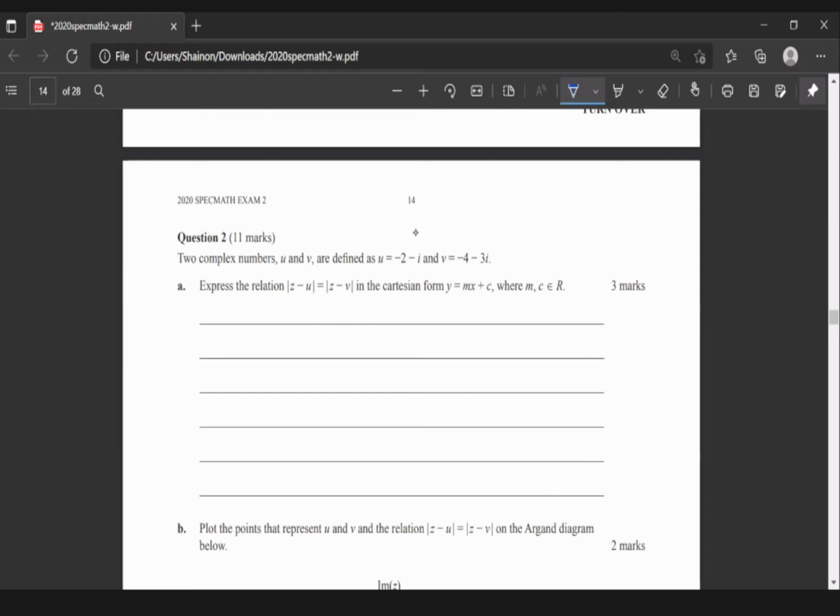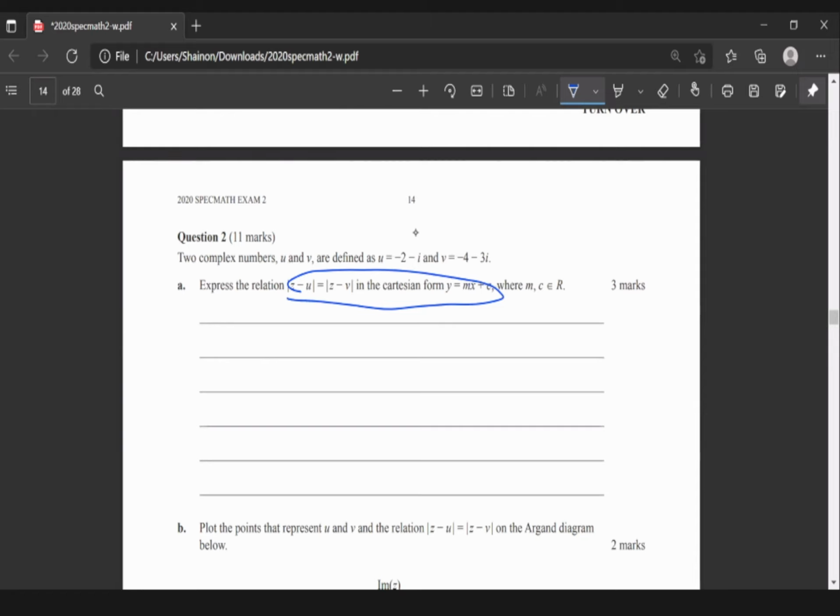Question 2. Express the relations. This one I just use CAS. You just put this into here and put this into here, using CAS to do it.